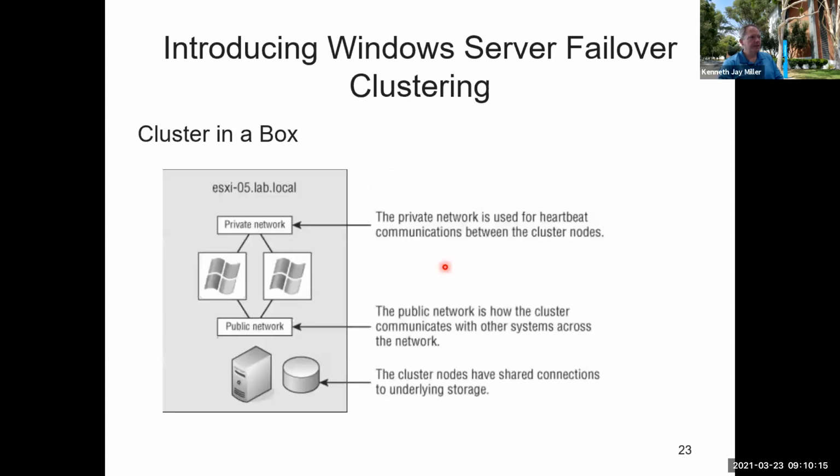All right. So a cluster in a box is exactly that. Everything is on the same box. So it's all on the same ESXi host. So everything is virtualized inside of our ESXi machine. And as you can probably figure out, if this machine goes down, boom, both of these virtuals go down too.